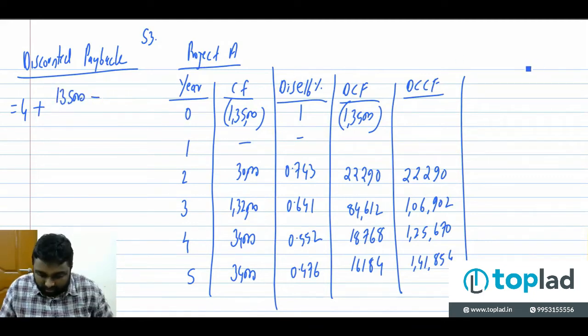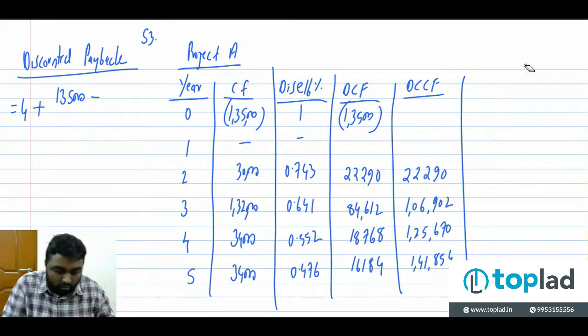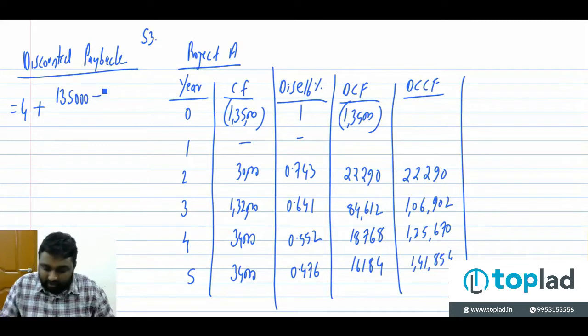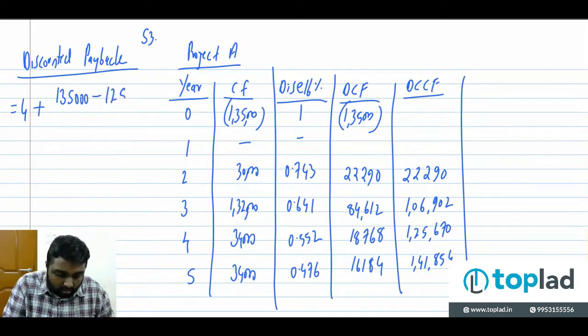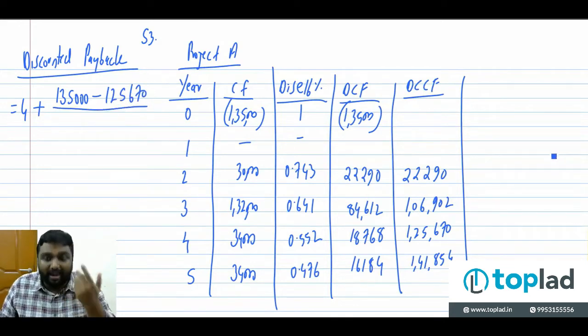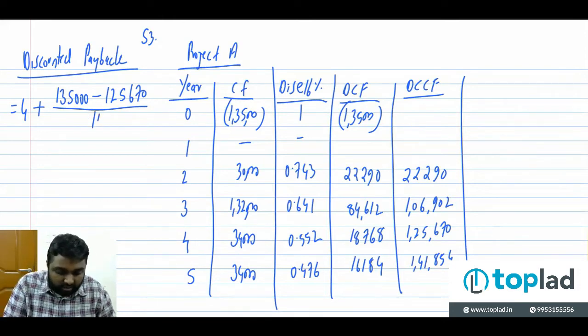1,35,000 minus 1,25,670, that is what we have to cover, divided by the current period's cash flow, which is 16,184.